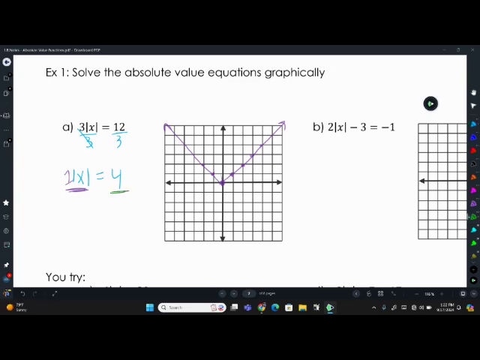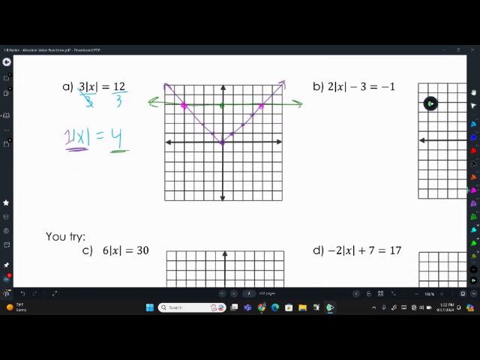Then y equals 4, so 1, 2, 3, 4. And we look and see where we intersect. We have two intersection points: -4, 4 and positive 4, 4.